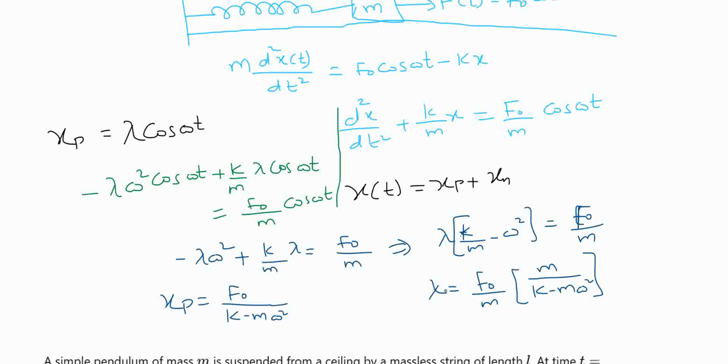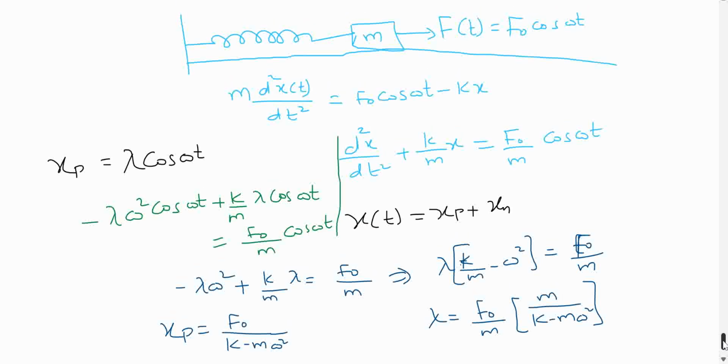I hope. Just check these calculations. I'm too tired now. But anyways, conceptually we are going well. Just calculations, just check once. So now we got the xp, and the natural solution we have to find. For that we have to use the initial conditions.